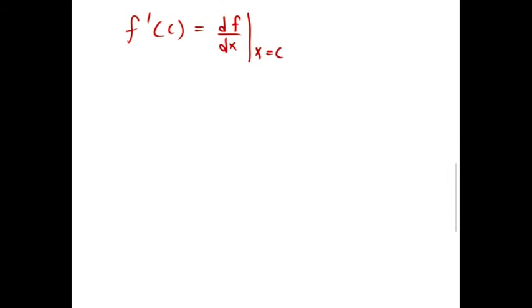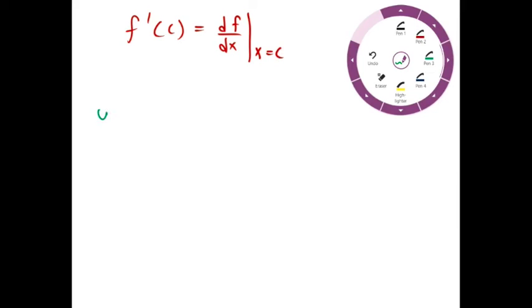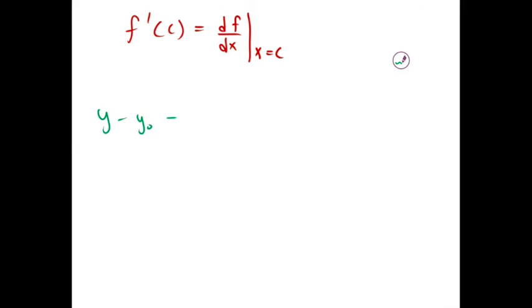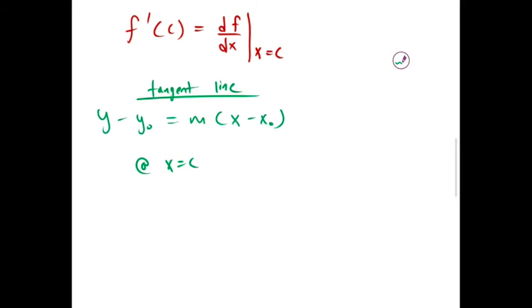If you want to find the equation of a tangent line, the equation of any line is y minus y0 equals m times x minus x0. Finding it at some point x equals c, our x0 will just be c, so we have x minus c.